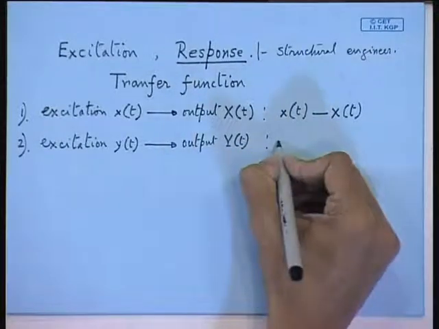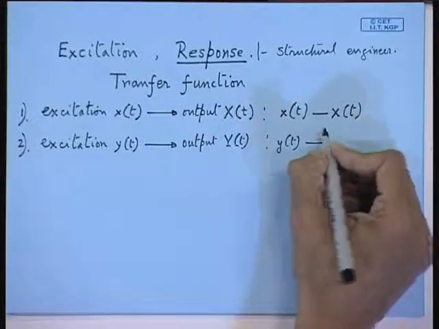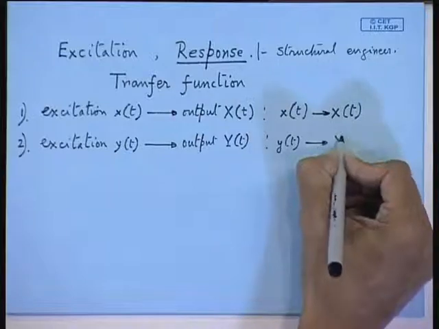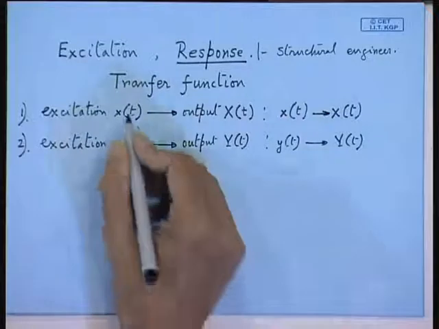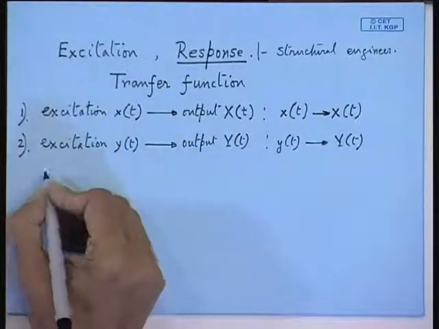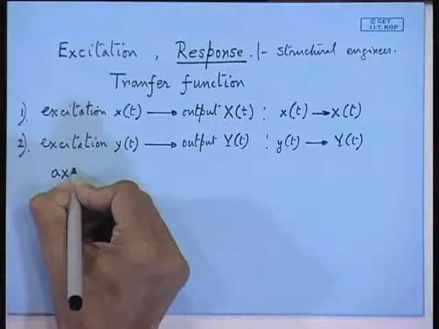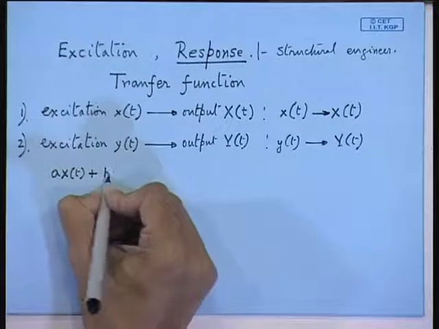So here y t is giving capital Y t, and x t is giving capital X t. Now when you add these two, you have A x t plus B y t.